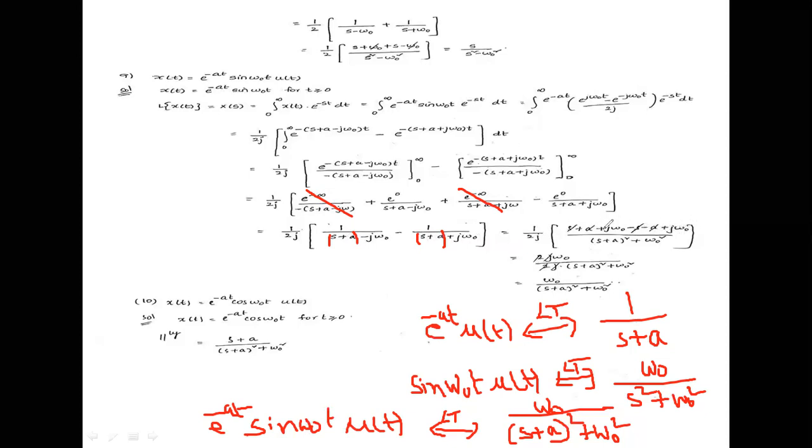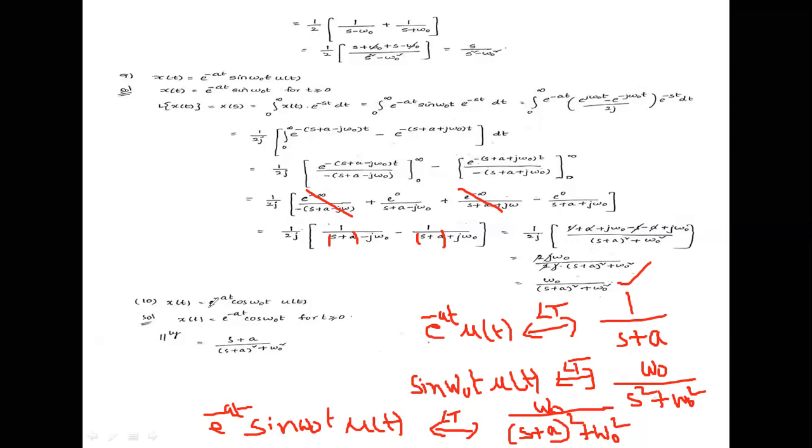So s and a get cancelled, and the denominator is (s plus a) whole square plus omega naught square. In the numerator, j omega naught and j omega naught make 2j omega naught. The 2j cancels with the one we already have, leaving omega naught by (s plus a) whole square plus omega naught square. So finally we get omega naught by (s plus a) whole square plus omega naught square.